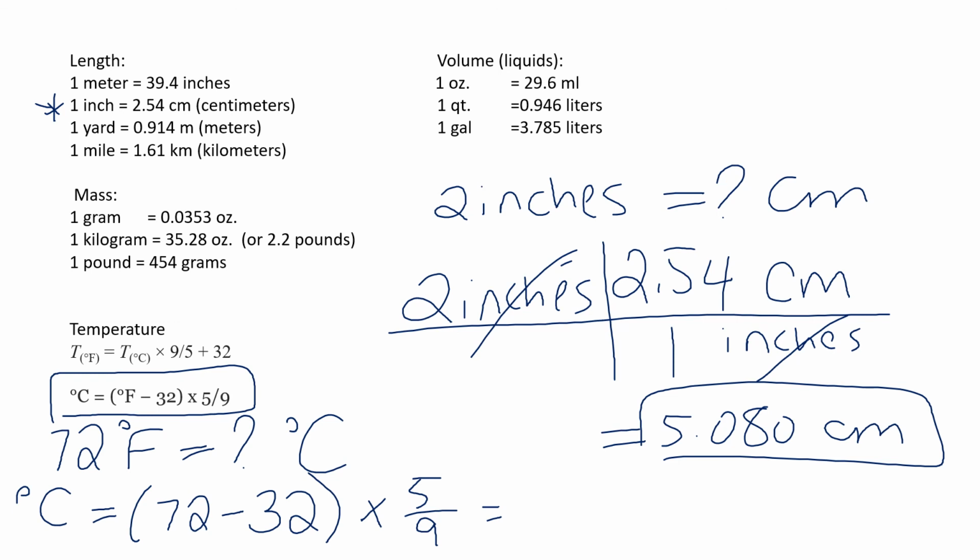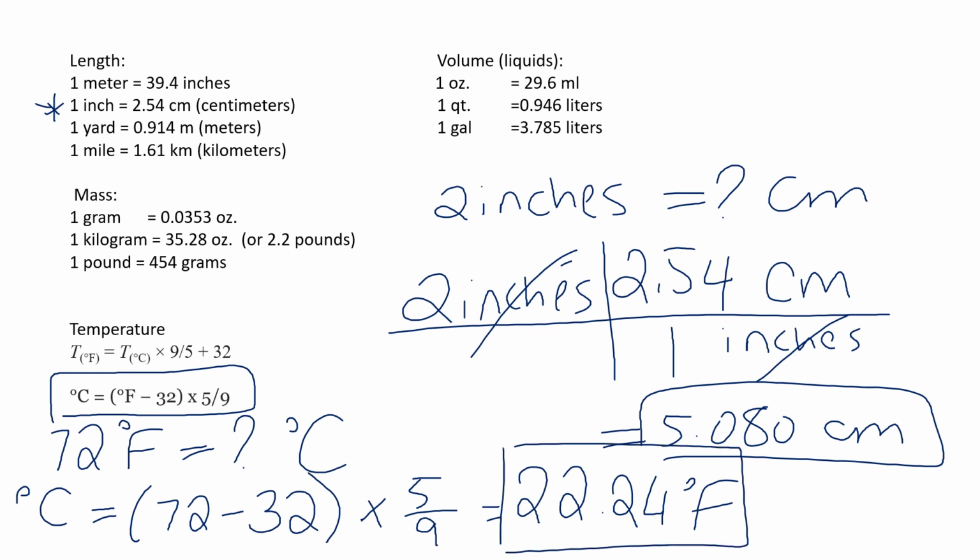So 5 divided by 9 is 0.556. Multiply that by your 72. So the answer is 22.24. Don't forget the units. Okay, so 22.24 degrees Fahrenheit.